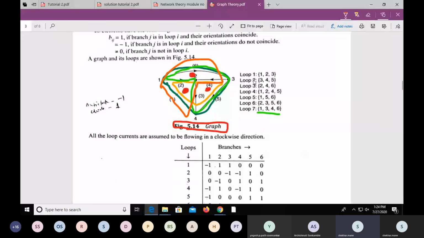First you have to write them, and always write in ascending order: 1, 2, 3, 3, 4, 5, 2, 4, 6. Though it does not go as per these numbers, whenever you are writing a loop, write in ascending order, 1, 2, 4, 5 like this, 1, 3, 4, 6 like this.